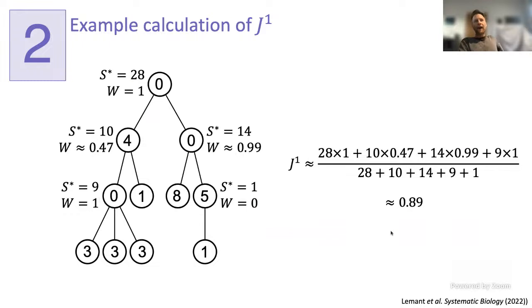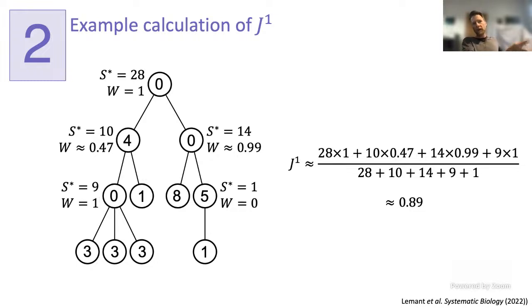So here's an example calculation. What you do is for every node in your tree, you assign an importance score, which is the S value here. And you can see it is greater for the nodes higher up in the tree. The numbers inside the nodes are sizes that are assigned to those nodes, which in cancer terms we generally assign as the size of the population corresponding to that node.